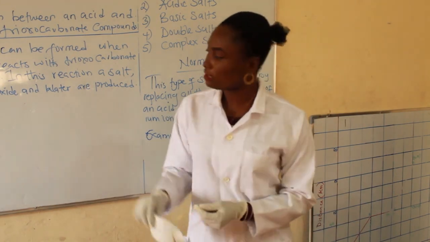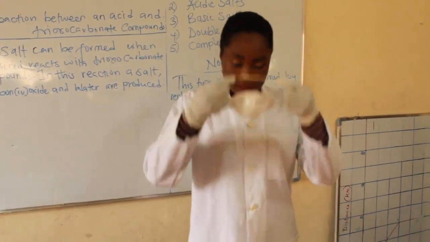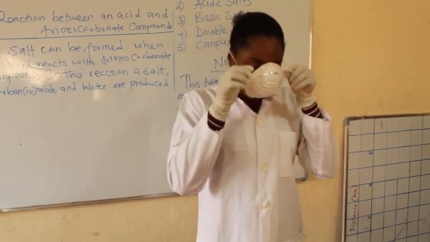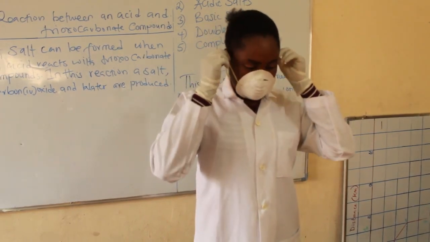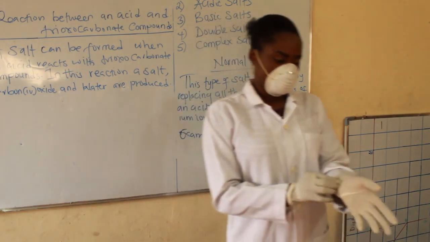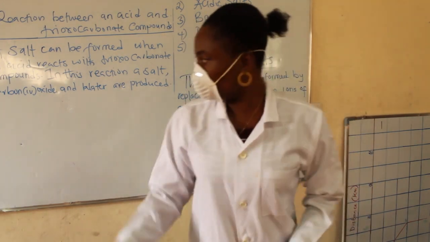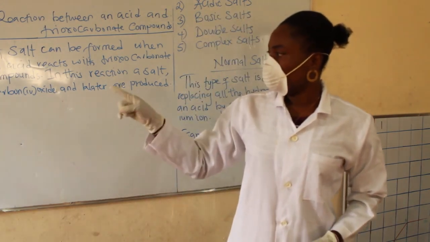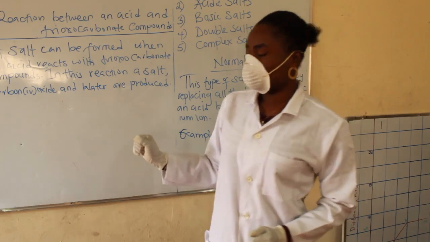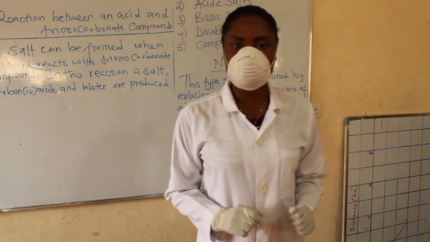I wear this because hydrogen gas will be produced, and hydrogen gas is a little bit toxic. So I'm going to just wear this, and then we're going to just demonstrate that. So a metal reacts with an acid, and then hydrogen gas will be produced and salt will be produced.